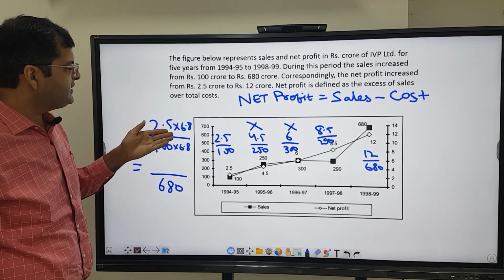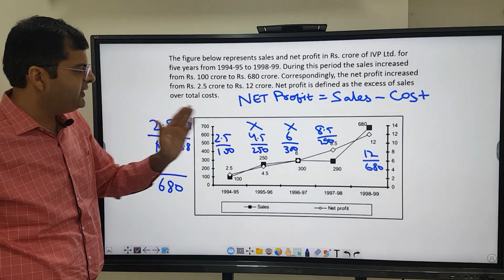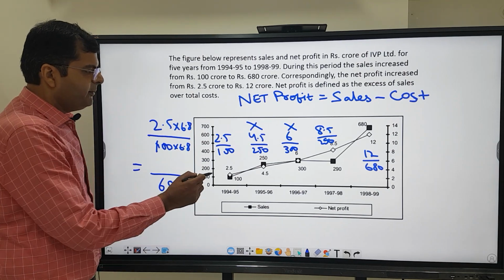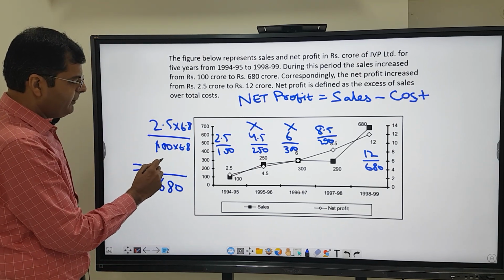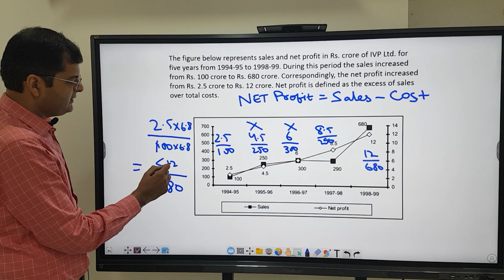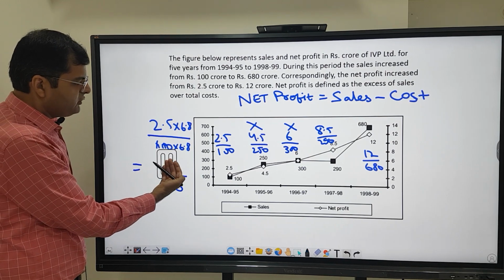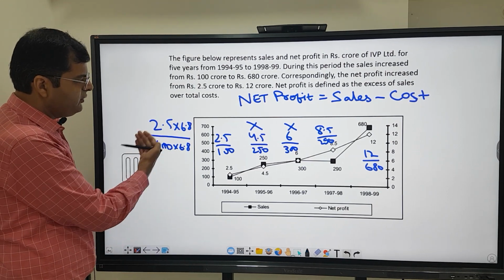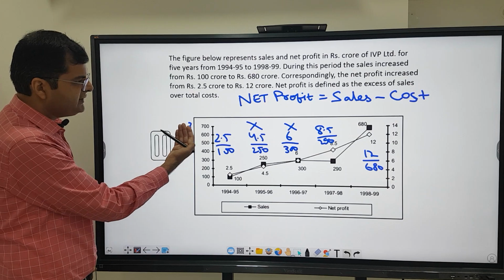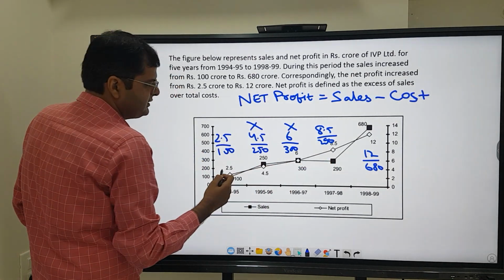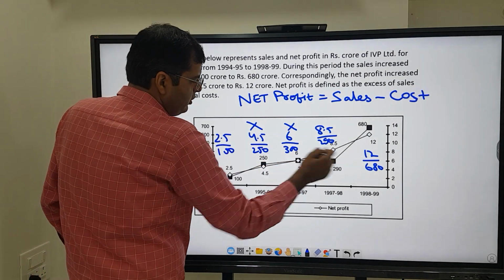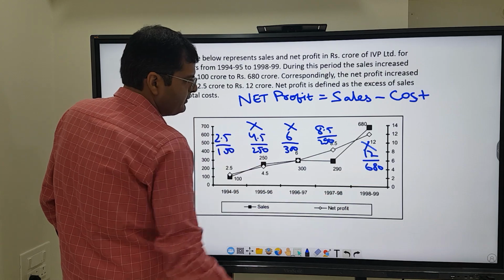So if 2 into 6 is 12, 2.5 into 6.8 will definitely be greater than 12. So this over here will be a number greater than 12, let's say x. That means the numerator is higher and the denominator is 680 in both these cases. So this over here is also less than this. So this is also ruled out.